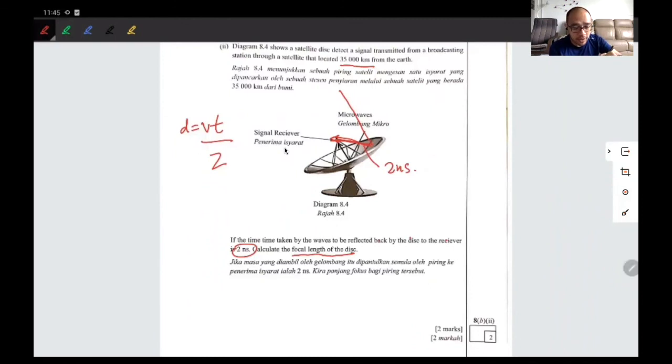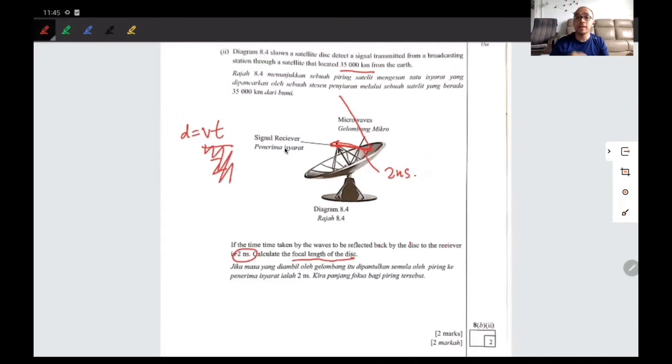So we don't even need this divide by 2. We use this formula with divide by 2 if we send the signal and bring the signal back. But since this question is talking about traveling from here to here, from the parabolic dish all the way to the receiver, the time taken is 2 nanoseconds.